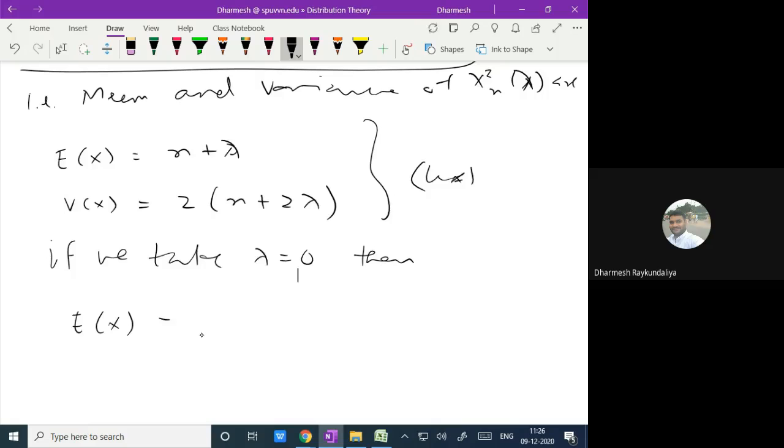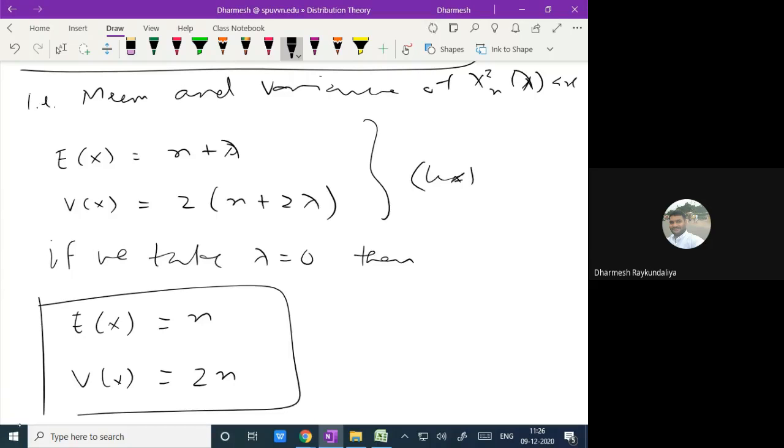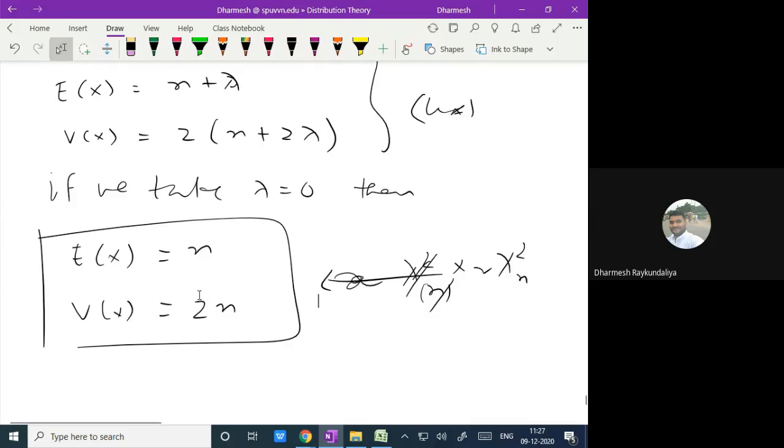It is n, and the variance is 2n. So this is nothing but the mean and variance of the chi-square with n degrees of freedom. Any questions, anyone?